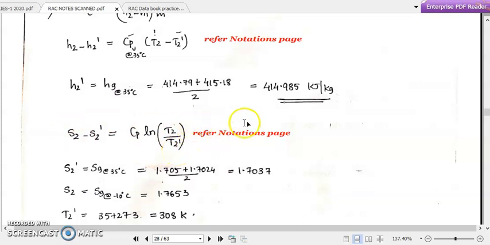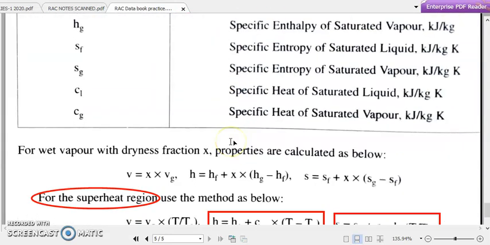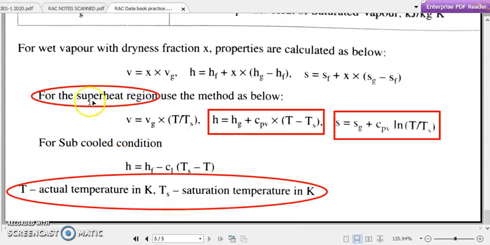Otherwise, we can again refer to our notations page. The notations page is again given for the superheat region, and you can use the method given below to find the specific heat values. s will be equal to sg plus Cpv times natural log of T by Ts, where T is the temperature at the superheated state and Ts is the temperature at the saturated vapor state.